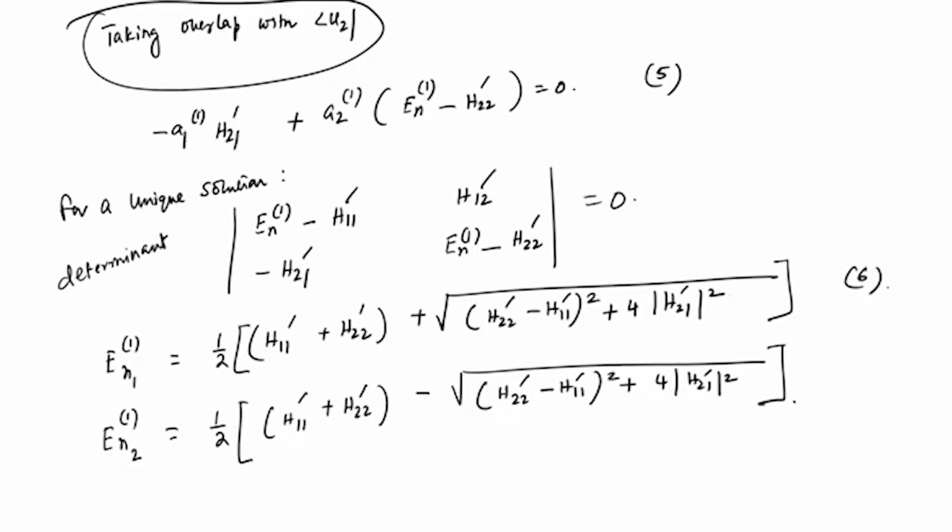So, that tells you that these are the two energy corrections. We did not have a single algebraic equation to solve in order to get En1, but it came as a matrix equation, and for a unique solution the determinant of the coefficient matrix will have to vanish, and that gave us these two corrections to the energy.